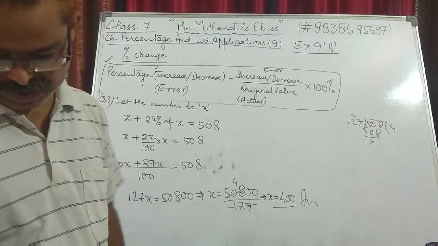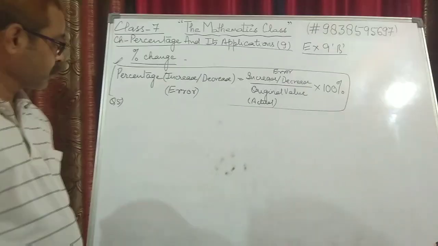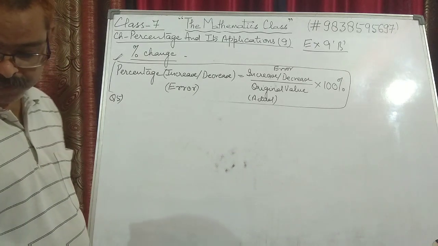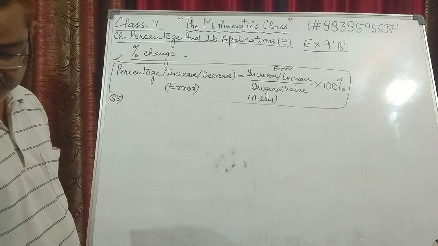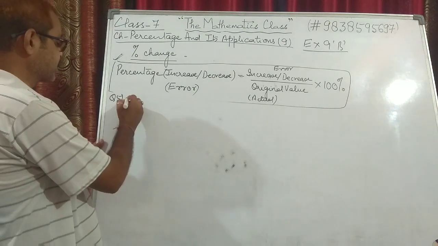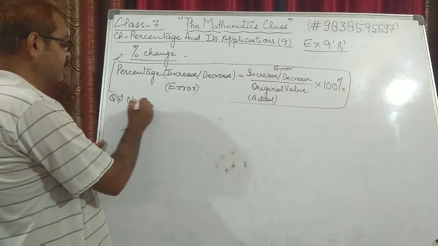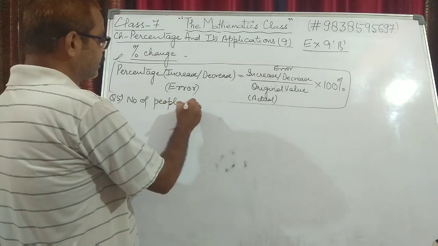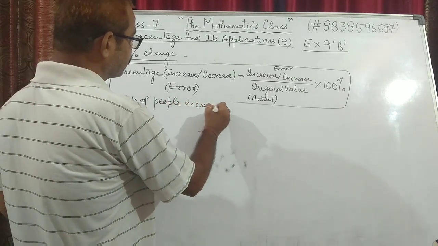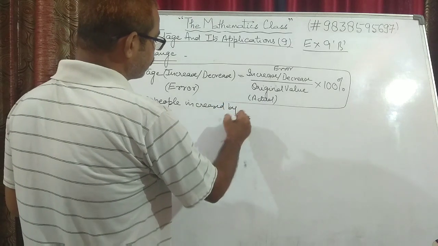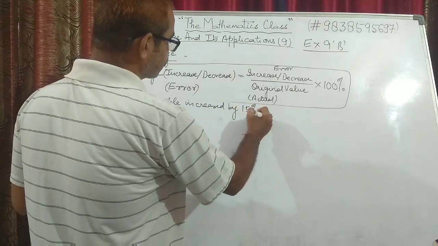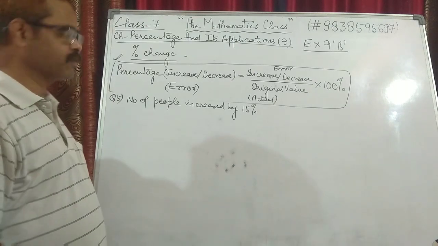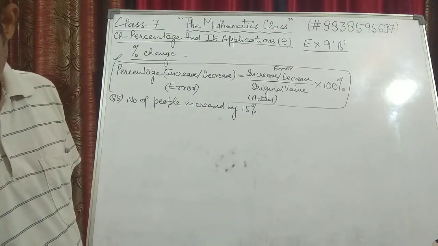Now let's see what is the next question. Now question number 5 I am taking. They say the number of people working for a particular organization increased by 15%. 15% means 15% of itself, of the previous number of people working during a year.